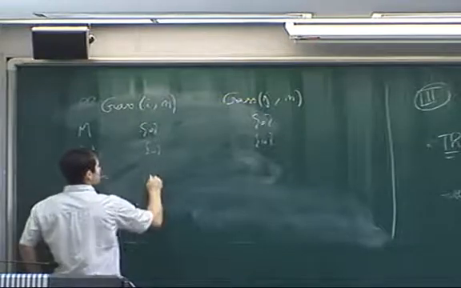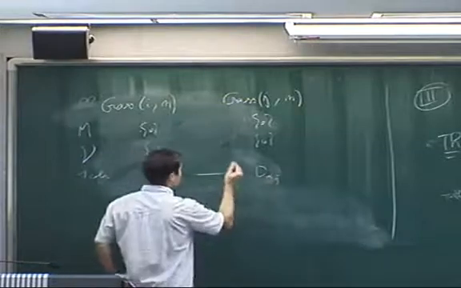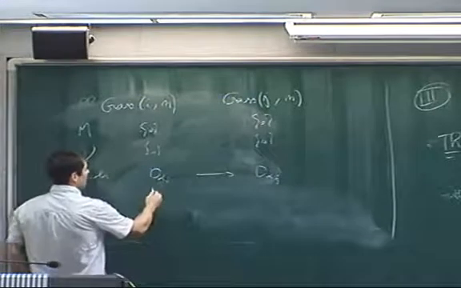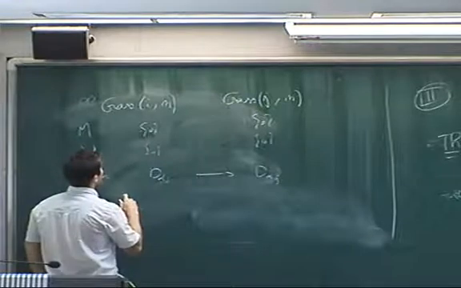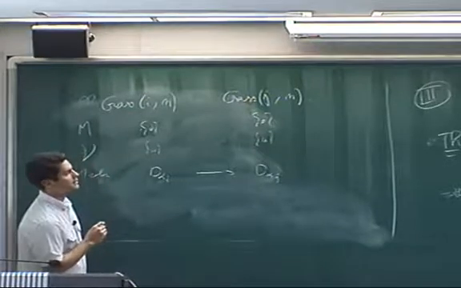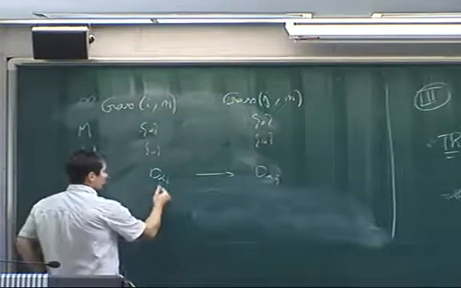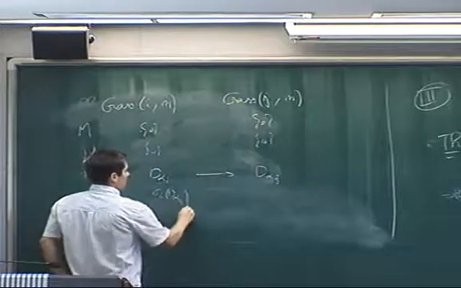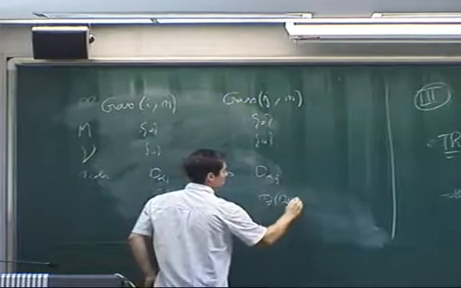Here it will be D alpha I, and here it will be D alpha J. So we have a trivial bijection between both. And on the map sigma, sigma I of D alpha I will be 0, and sigma J of D alpha J will be 0.